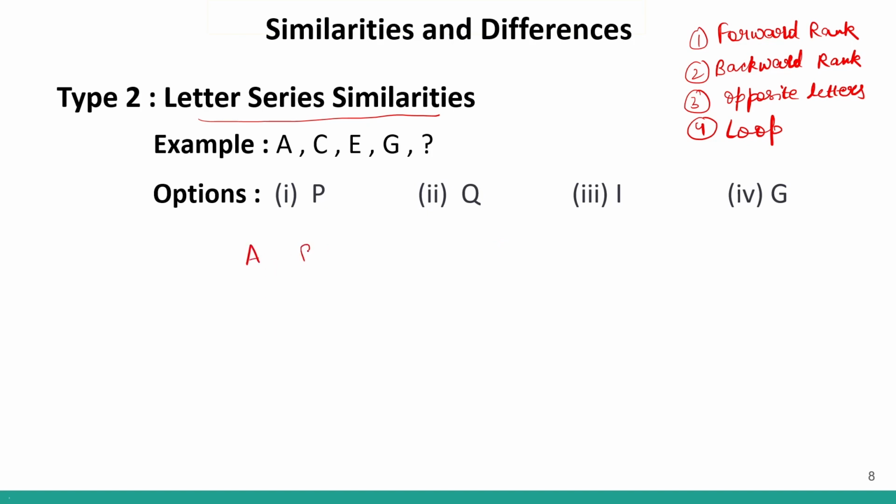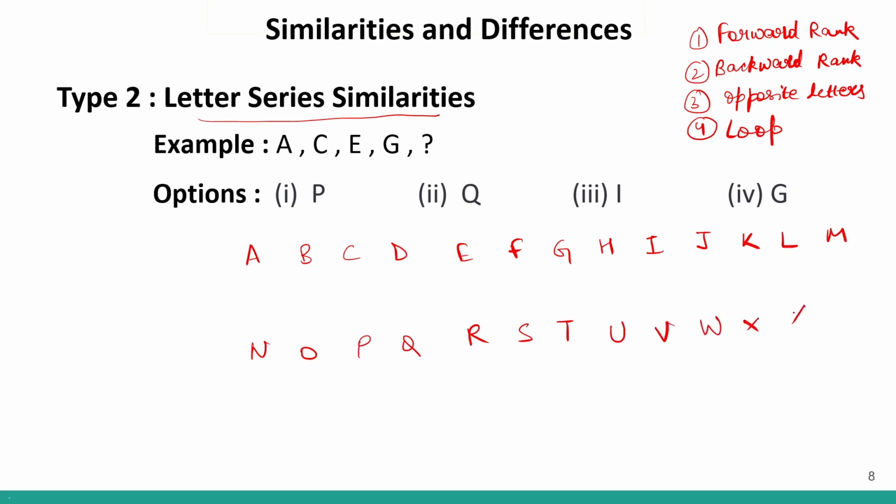So forward rank basically means, if I write my alphabets, A, B, C, D, E, F, G, H, I, J, K, L, M, then N, O, P, Q, R, S, T, U, V, W, X, Y, and Z. Let us write it like this. Now, if I assign them ranks in a forward way, that means in an ascending order, it is called a forward ranking series.